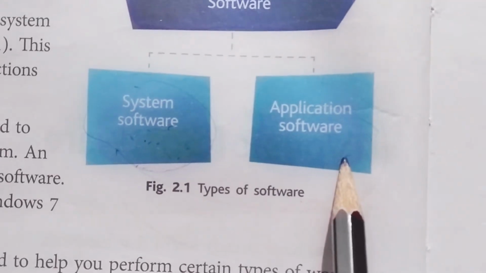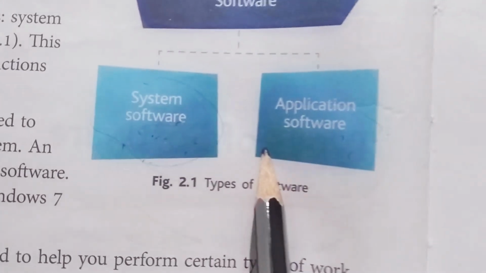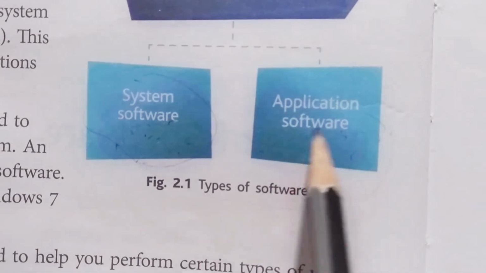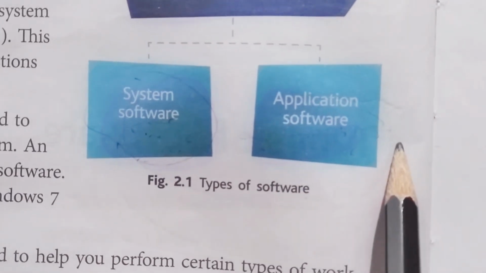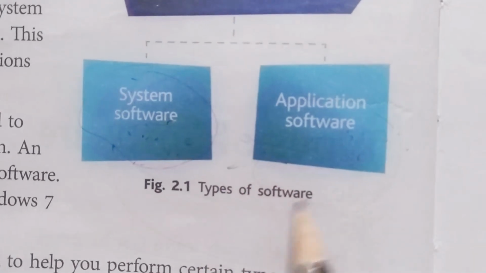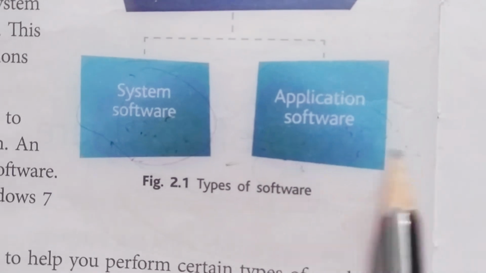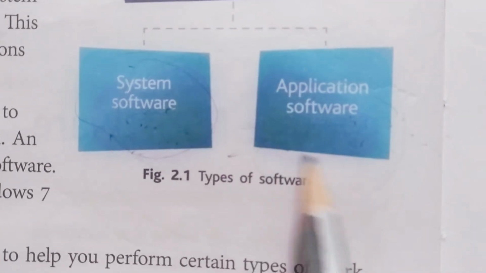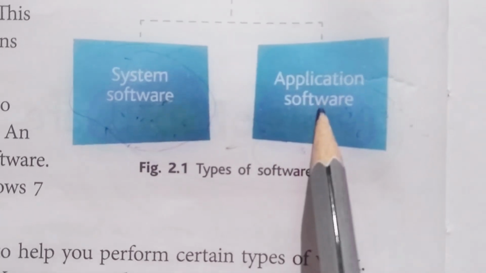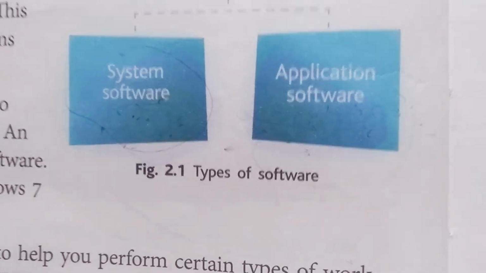Application software is just to perform some specific task. जैसे कि आपको अगर पेंट करना है तो उसके लिए MS Paint you will use. Understood? Like if you have to write a letter, you will use MS Word or any kind of text editor to write the letter. So these are the application software to do some specific tasks.